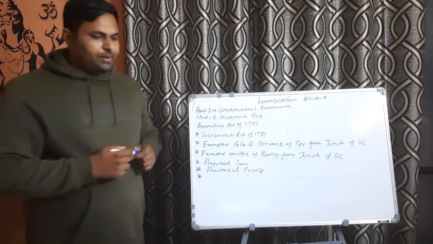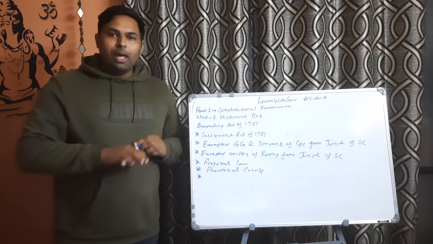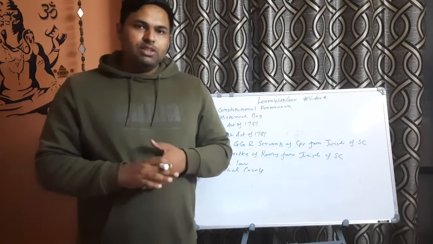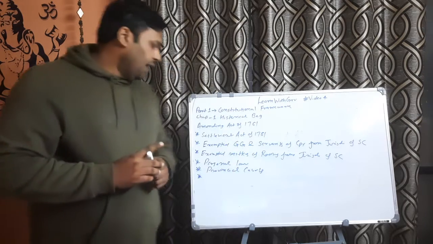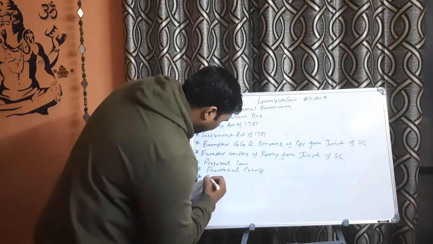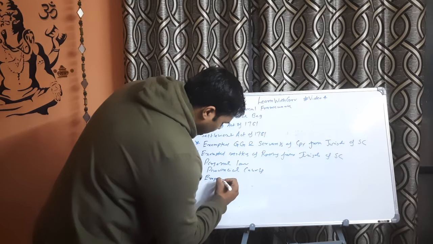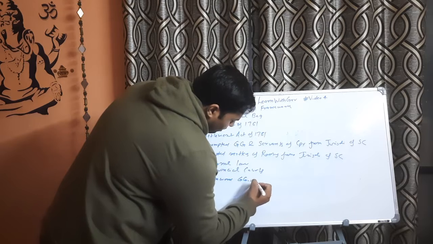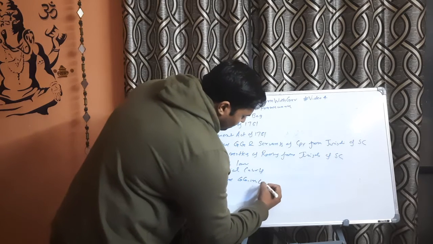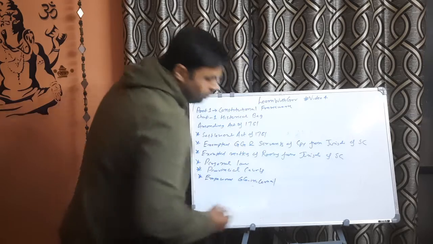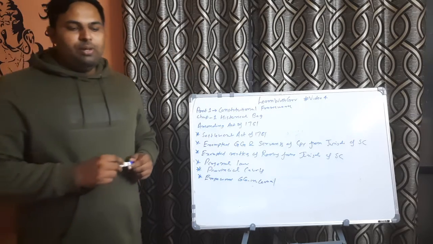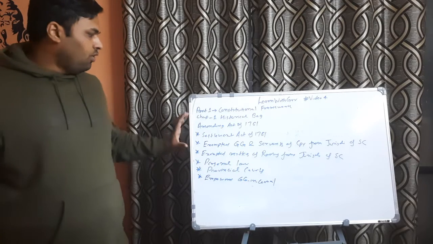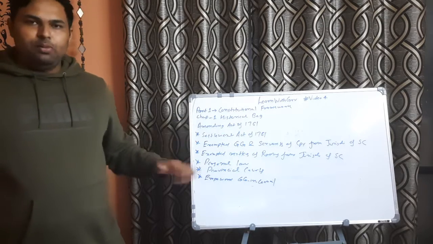The sixth feature was that it also empowered the Governor General in Council, which I am referring to as GG, to frame regulations for provincial courts and councils. So let us see the features of the Amending Act of 1781 once again.